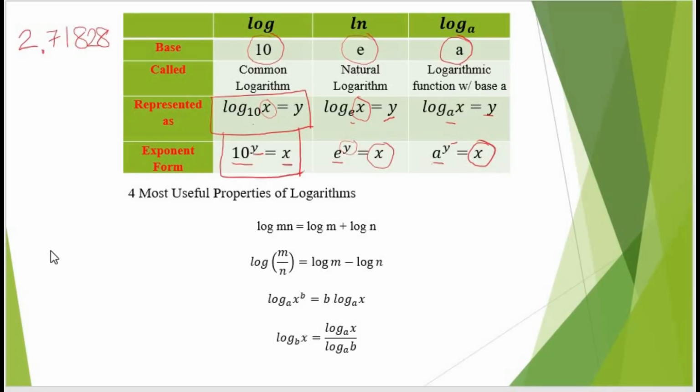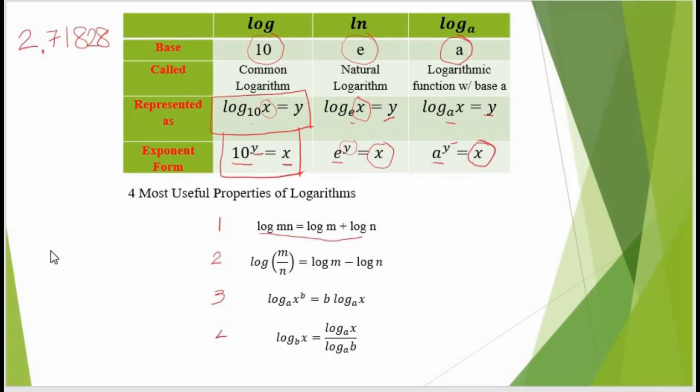So, in this video, we will only cover the four most useful properties of logarithm. This is equation 1. Take note of this form. Equation 2. Take note of this form. And equation 3, which is very, very important if we wanted to solve for the exponents.